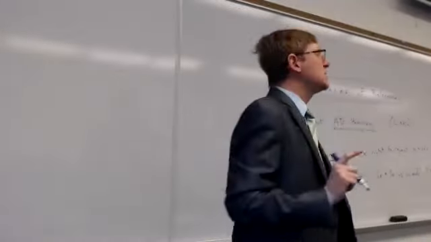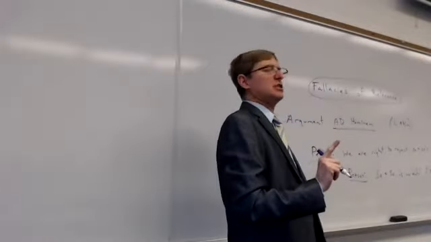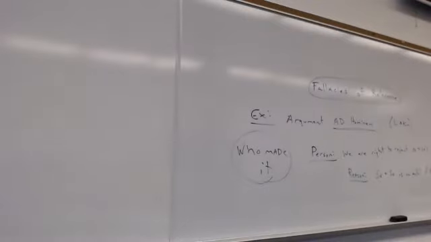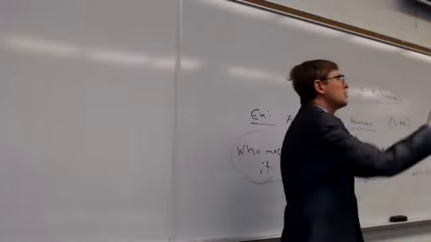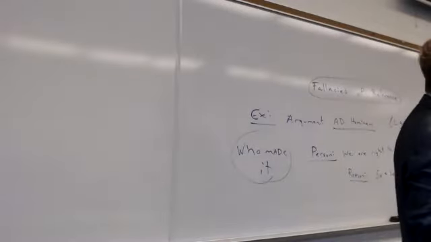Now, one of the reasons why the ad hominem may not seem like a fallacy is because of some bad psychological thinking that's going on. Many people fail to recognize that an argument is not inextricably linked to the arguer. The fact is, the argument can be separated from the arguer.